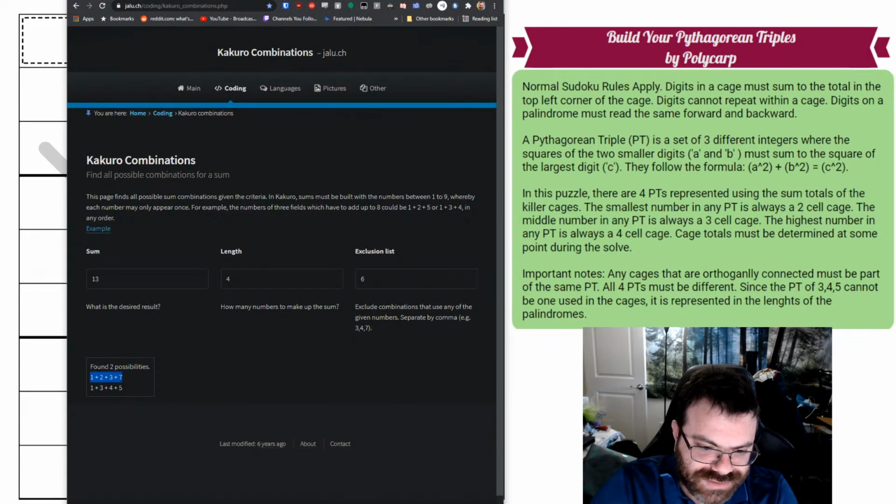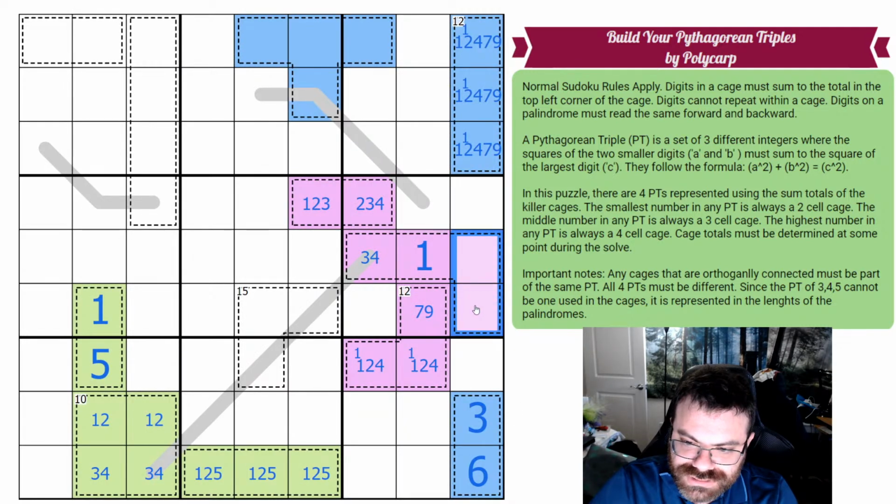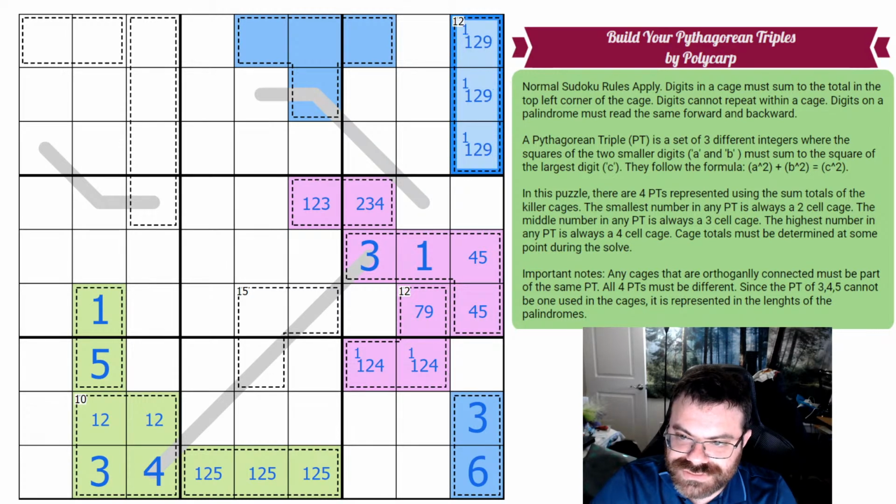And we just proved it can't be this 1, 2, 3, 7. So it must be 1, 3, 4, 5. So this is still 3. I think that should work better. This doesn't have a 4, 7 in it now. So this is now 1, 2, 9 for 12. That all works. Okay. Back on track.